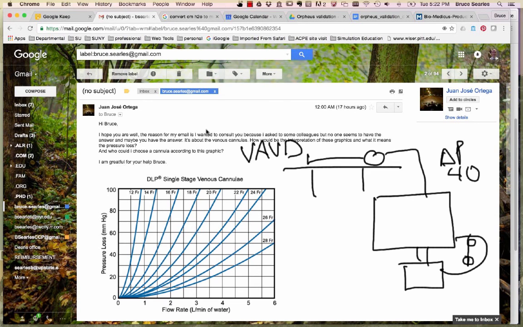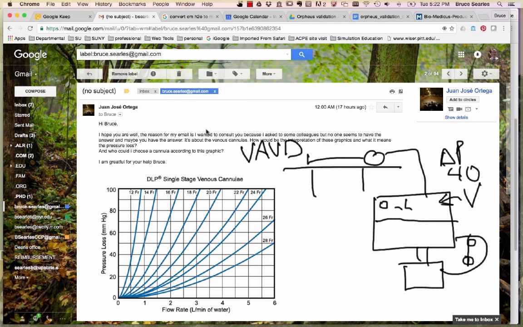But if we put vacuum into the reservoir, instead of 0 pressure inside the reservoir like you do with gravity, we might have minus 20. Or if your institution is a little more aggressive, you might be allowed to turn up your vacuum to minus 40.